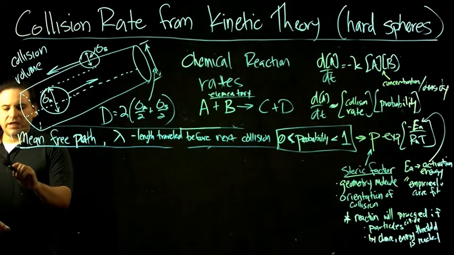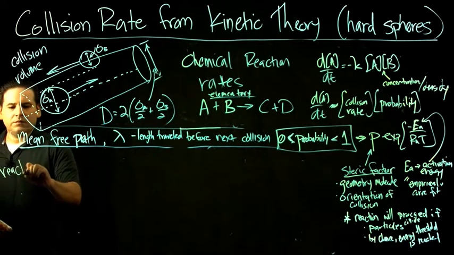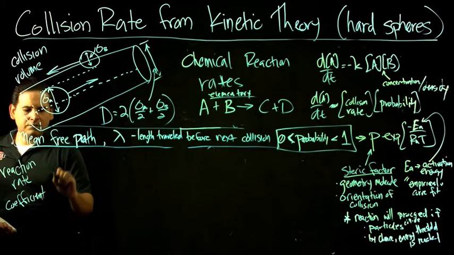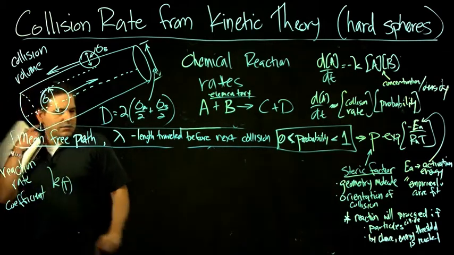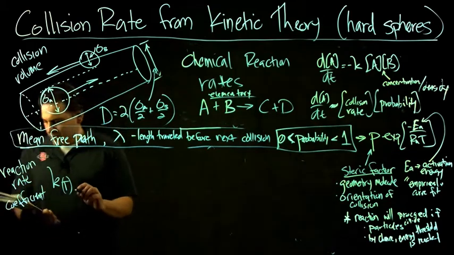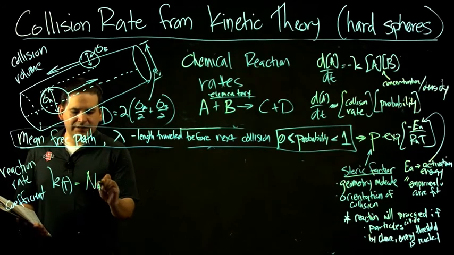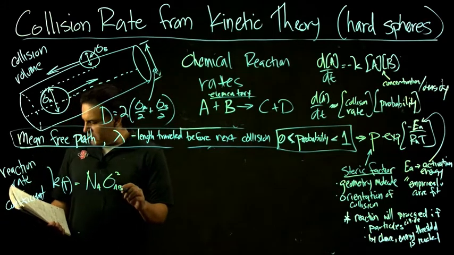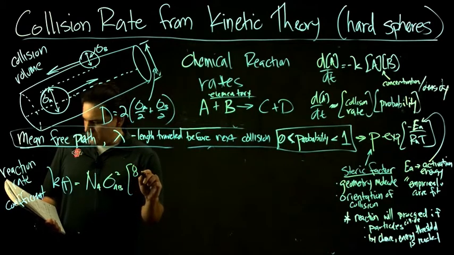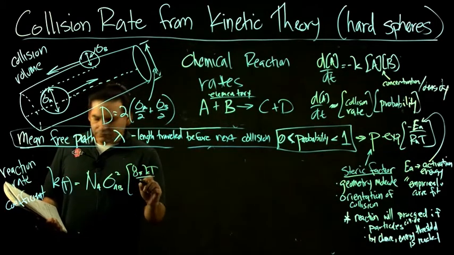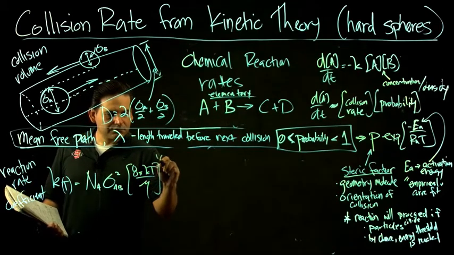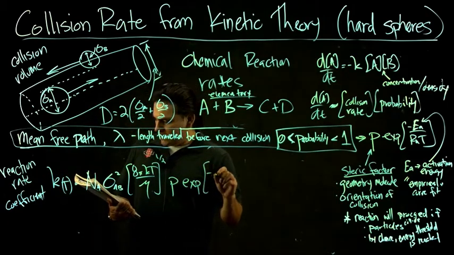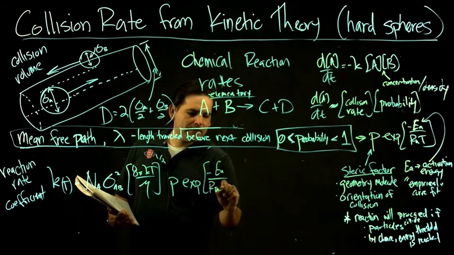So for a chemical reaction, it's called the rate coefficient. This k is a function of temperature, and from collision theory, you can relate that to the collision frequency, as we've been discussing, which depends on the collision diameter, the mean relative velocity, and then the steric factor and this probability, this activation energy concept.